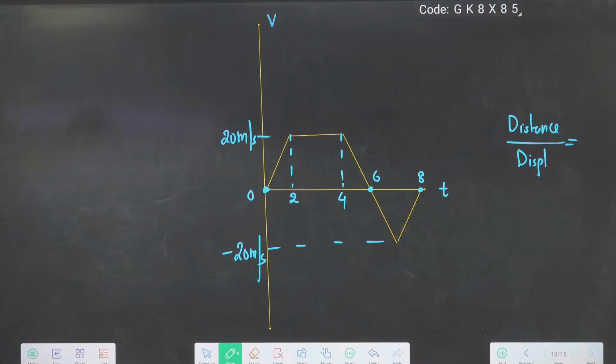Now you are free to calculate the area by any way.